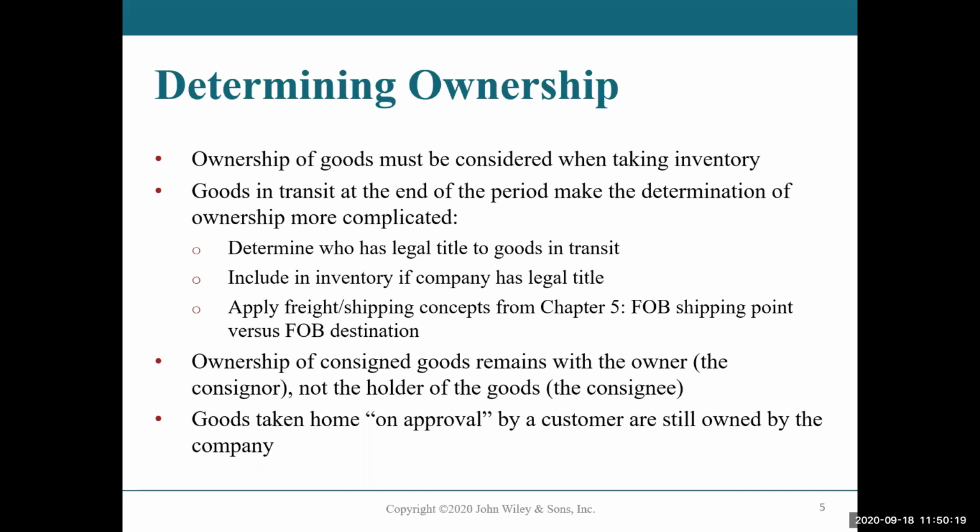The consignee, the places that are selling them, are just holding that inventory on their property to sell and make commission off of it. That is a consignor-consignee relationship. The goods in that relationship are always held by the consignor, not the consignee. So even though the consignor doesn't have the physical goods on their property, they are still going to list them on their balance sheet.